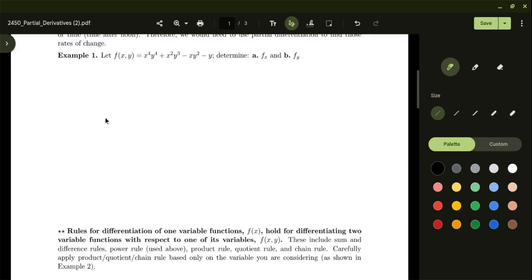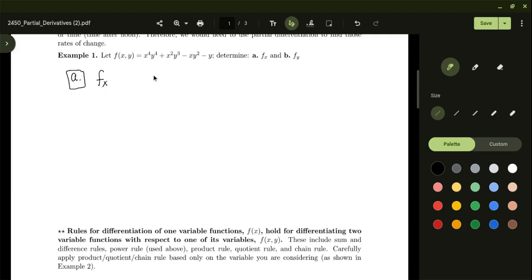So remember, looking at f sub x first, this is the notation that we use to say we're finding the partial derivative of our function f with respect to x. Essentially what we're going to do here is pretend that every time we see a y, it's really just some number, some constant.